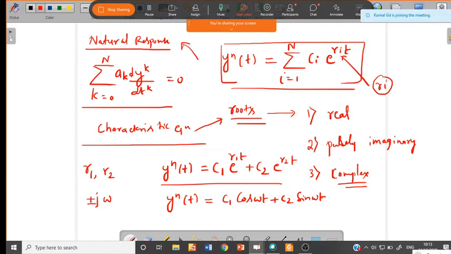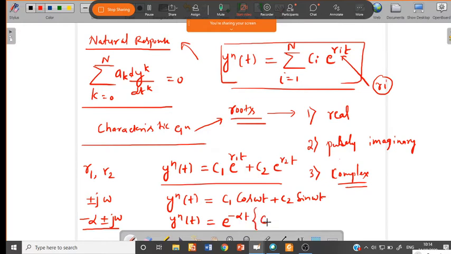In a similar way, if the roots are complex, that is in the form of minus alpha plus or minus j omega, then your natural response will be equal to e power minus alpha t into c1 cos omega t plus c2 sin omega t.